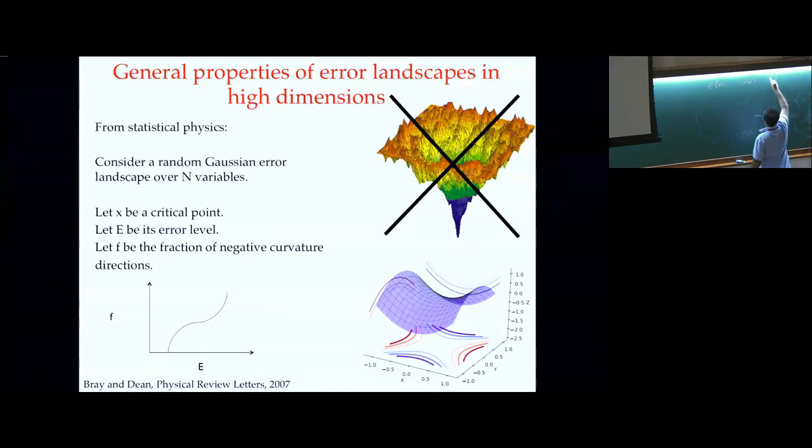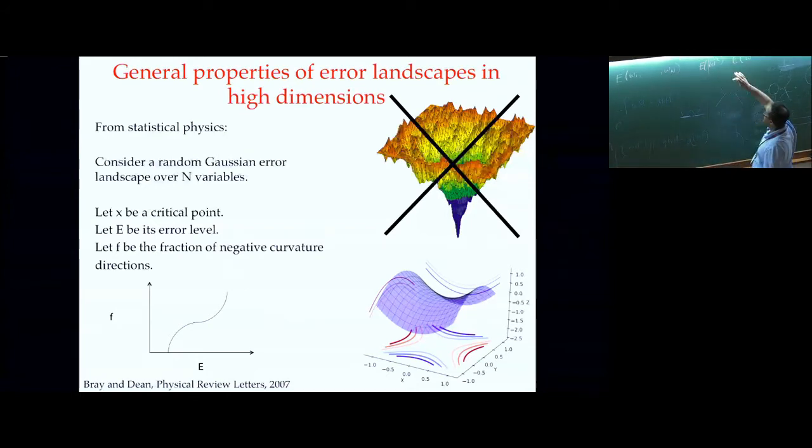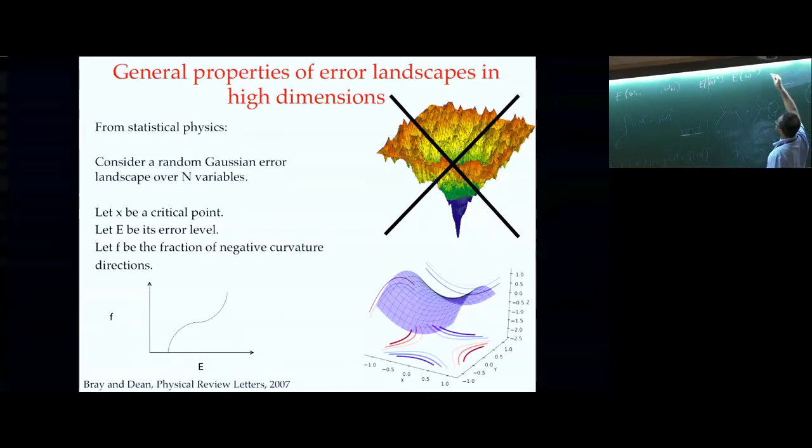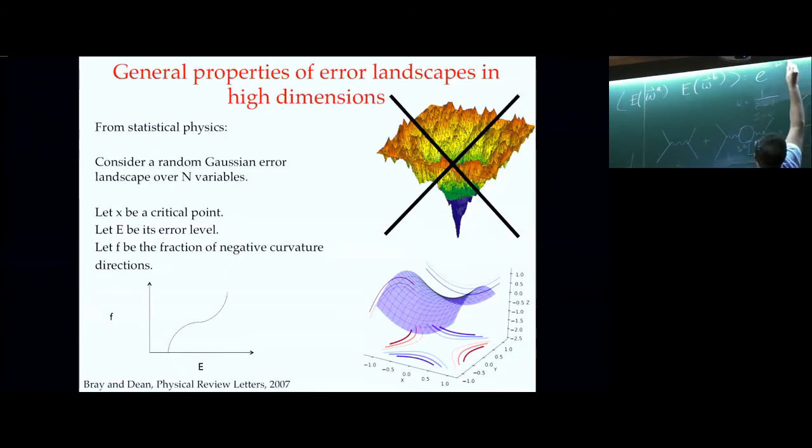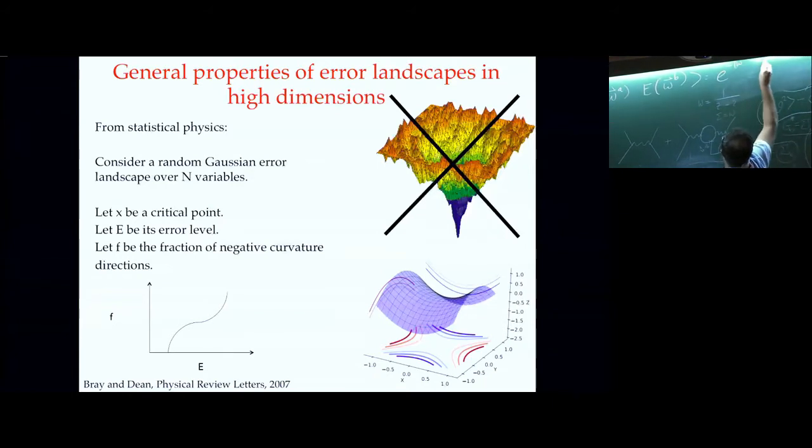And if I evaluate E at one point, EA, and the error at another point, EB, these will be jointly Gaussian distributed with some correlation that falls off as e to the minus |WA minus WB| over lambda, right? So basically the surface is a random surface that's smooth over some correlation length scale lambda, but otherwise is wiggling around in n-dimensional space.